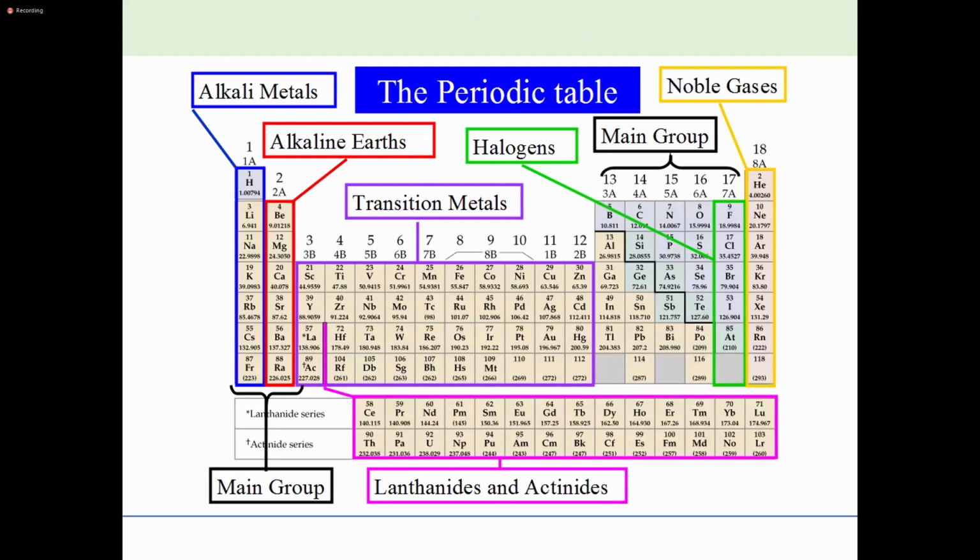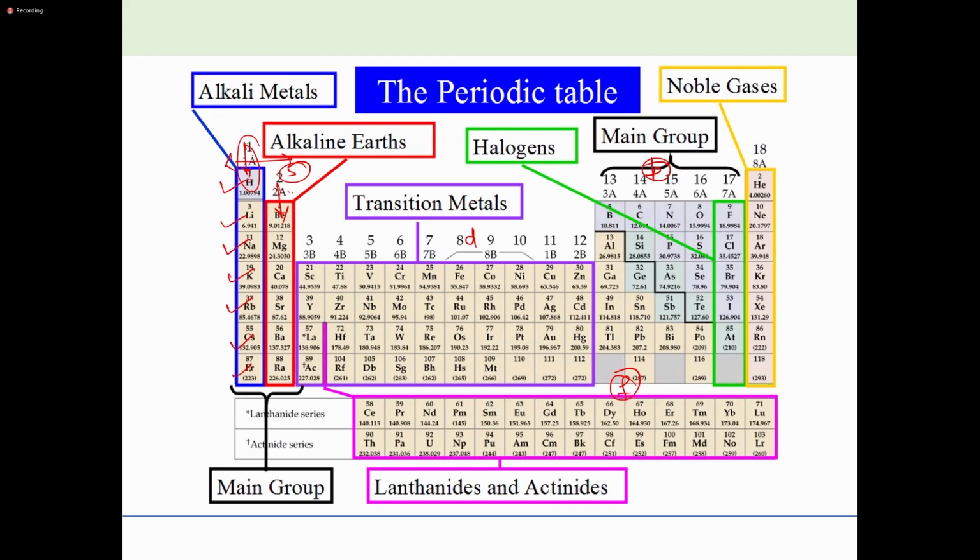There are different metals, and these metals have names. In the previous slide, we saw the S block, D block, P block, and F block. First, the S block elements: the first two groups, group one and two, are called the S block elements. The first group elements are hydrogen, lithium, sodium, potassium, rubidium, cesium, francium.